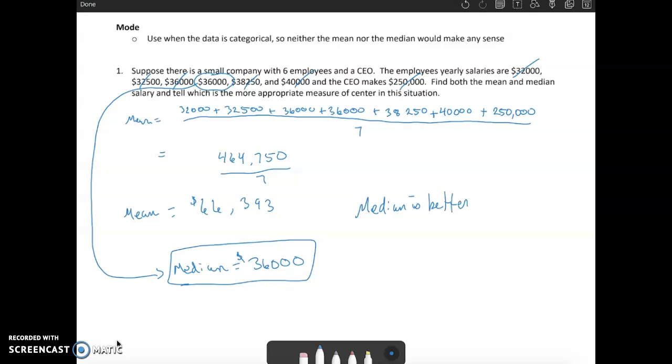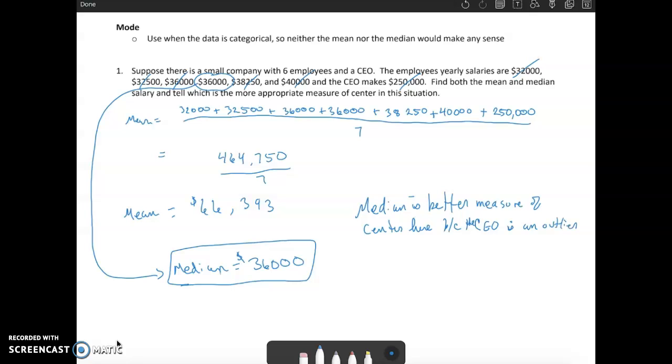It's the better measure of center here, because the CEO is an outlier, right?